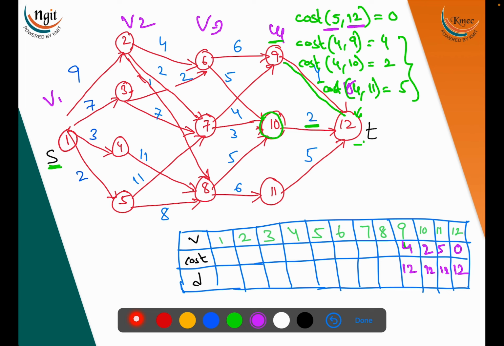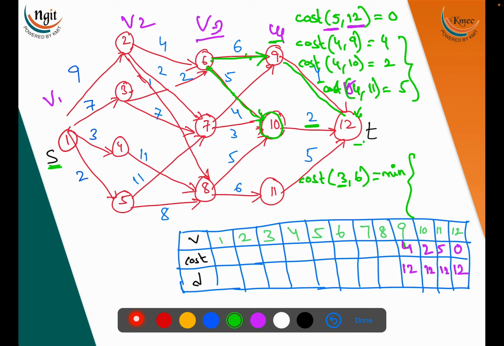Now again move to the third stage. What is there in the third stage? Cost 3 comma 6. 3 represents stage number, 6 represents vertex number. 3 comma 6 is equal to, we have to choose the minimum value, because from 6 vertex there are two paths going. 6 to 9 is 1, 6 to 10 is 1.